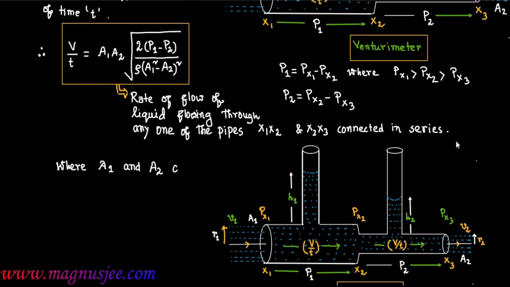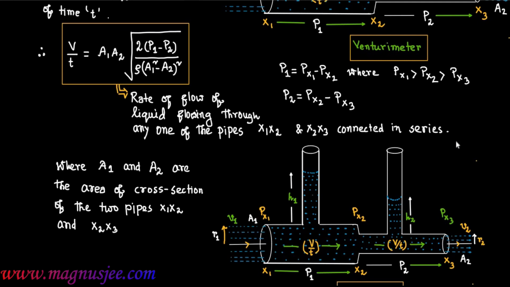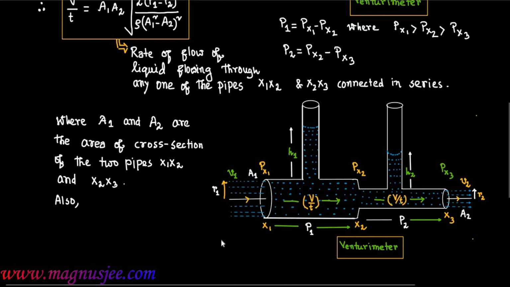That is the rate of flow of liquid through the Venturi meter, where A1 and A2 are the areas of cross section of the two pipes x1 x2 and x2 x3.